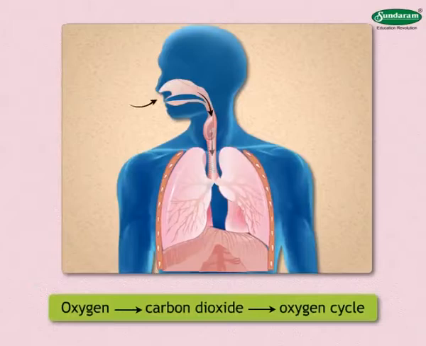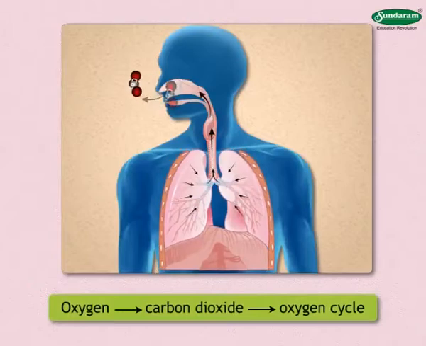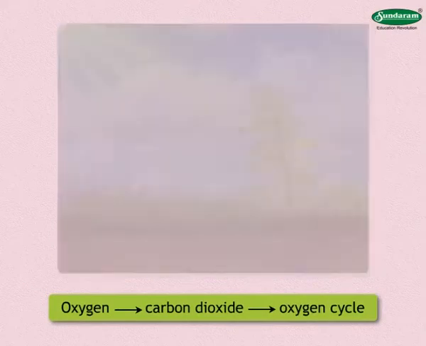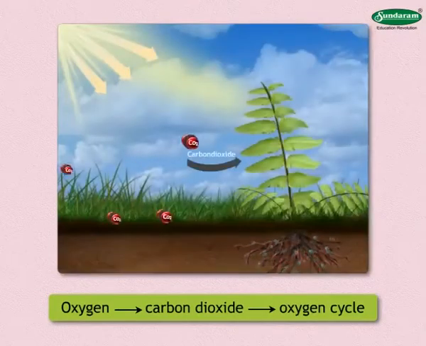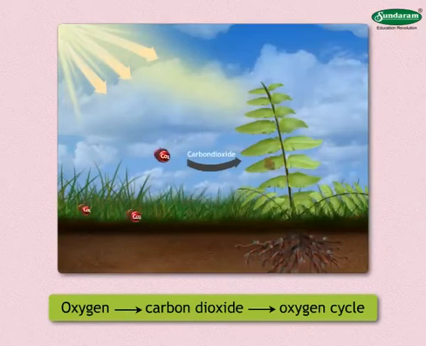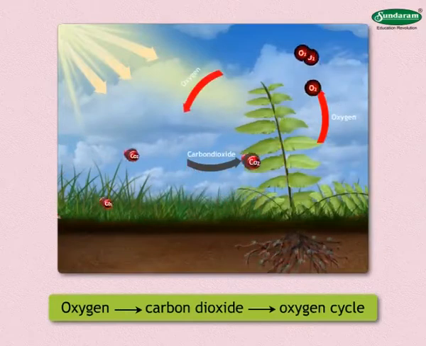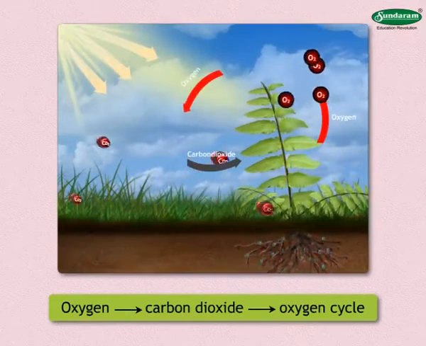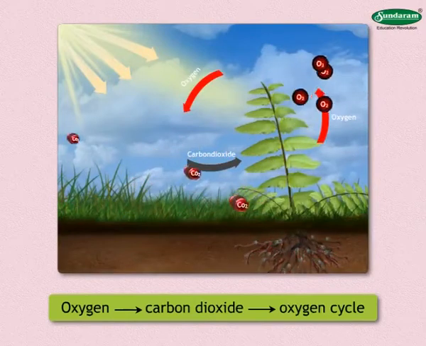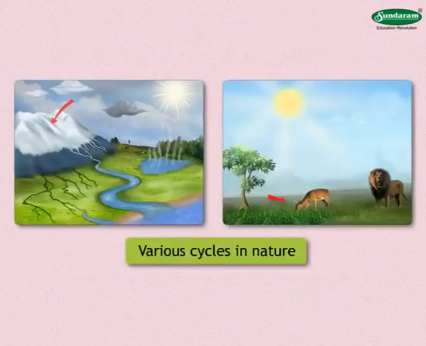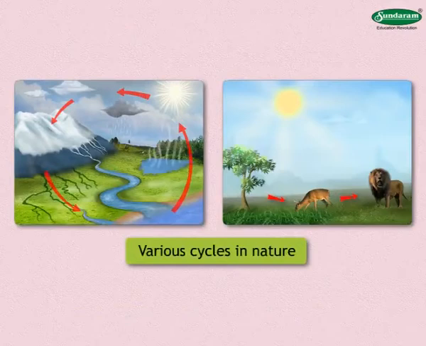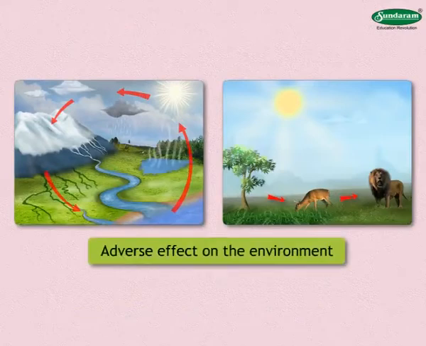Living things use oxygen from the atmosphere for respiration. The carbon dioxide they exhale is used by plants to make their food. This process again releases oxygen back into the atmosphere. Thus, there are several such cycles in nature. If any one of them is disturbed, it has an adverse effect on the environment.